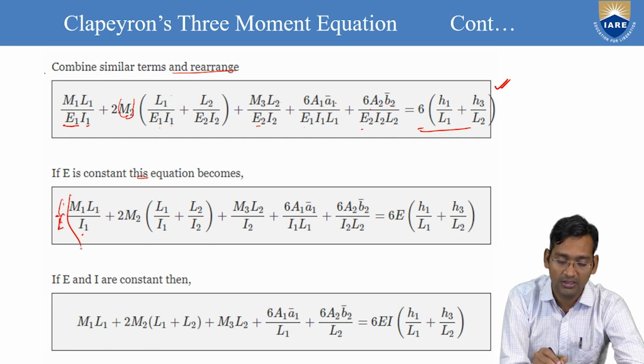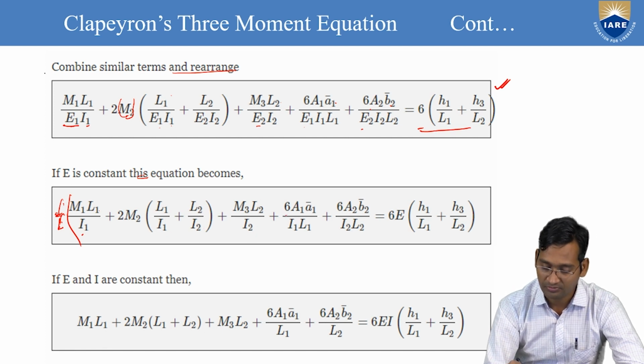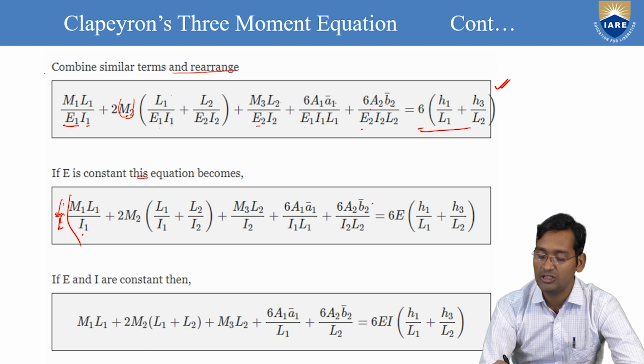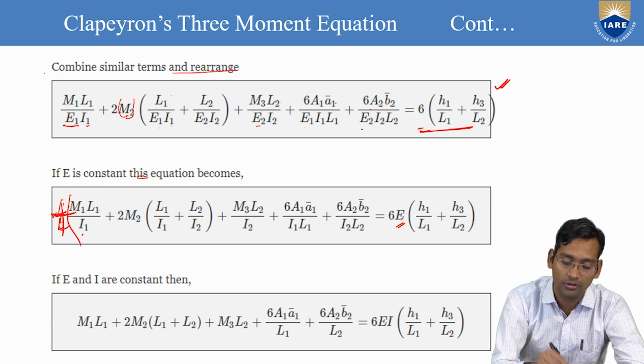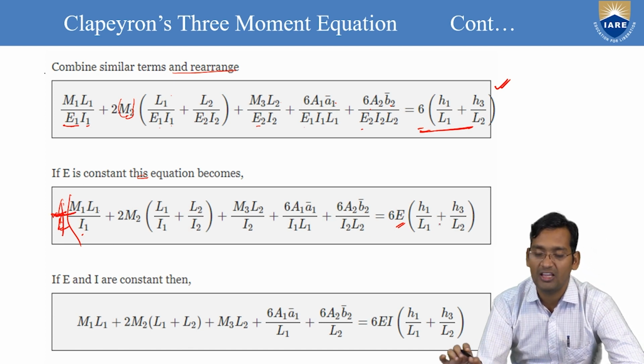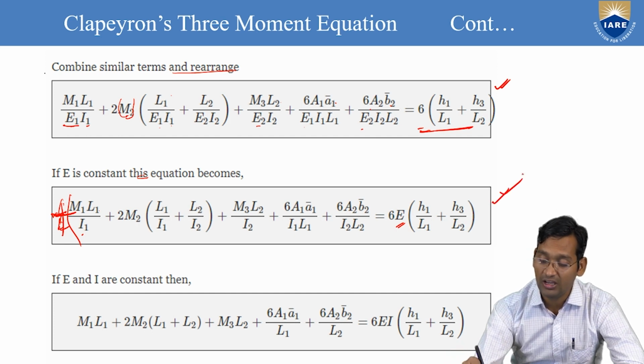So M1 L1 by I1 plus 2 M2 into L1 by I1 plus L2 by I2 plus M3 L2 by I2 plus 6 A1 small a1 bar by I1 L1 plus 6 A2 B2 bar by I2 L2 equals to what we have, 6 into this one, but this 1 by E, so this E got multiplied this side. So this becomes, now that's why this is not there, 6E into H1 by L1 plus H3 by L2. So this is when E is constant.